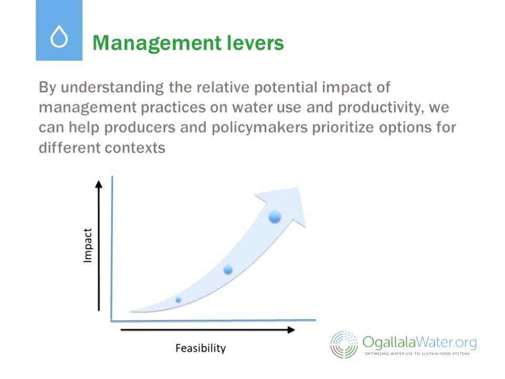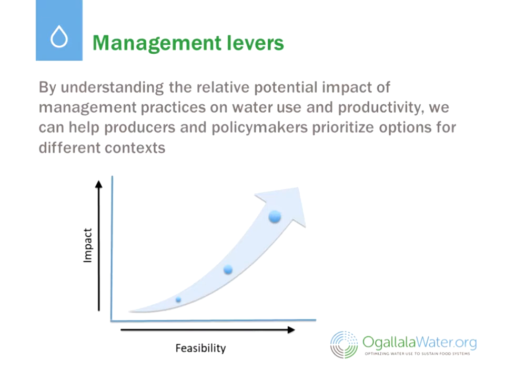So to summarize some of the management levers we're looking at, the goal is that if we can understand the relative potential impact of a variety of practices on water use and productivity, we can then help producers and policymakers prioritize what sort of incentives are out there or what different practices are adopted. In a win-win world, we'd see increasing feasibility of adoption of practices that have the highest impact on reducing groundwater withdrawals while sustaining production.